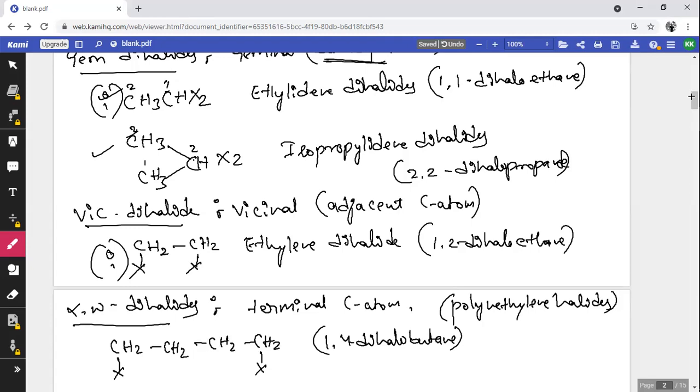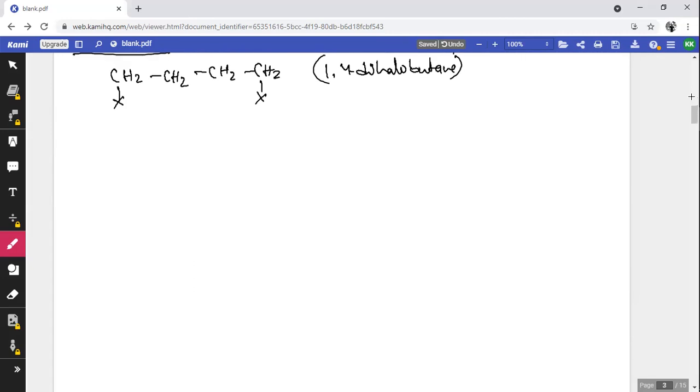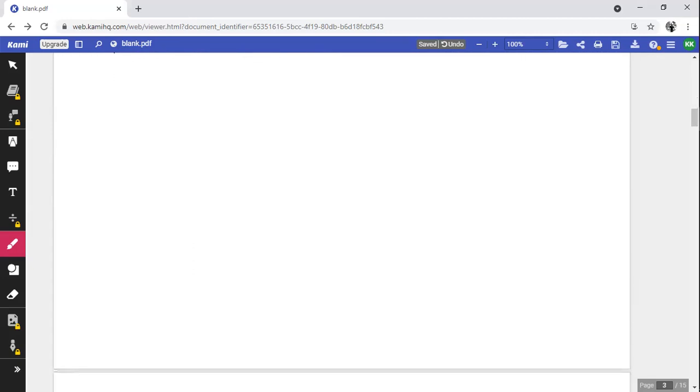So these are the classifications of dihalides. Then we'll go for general methods of preparation.